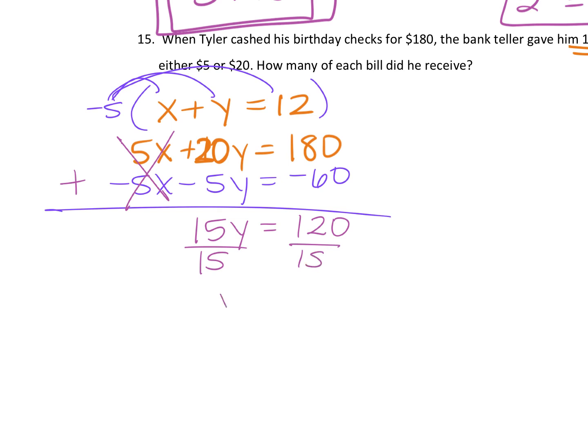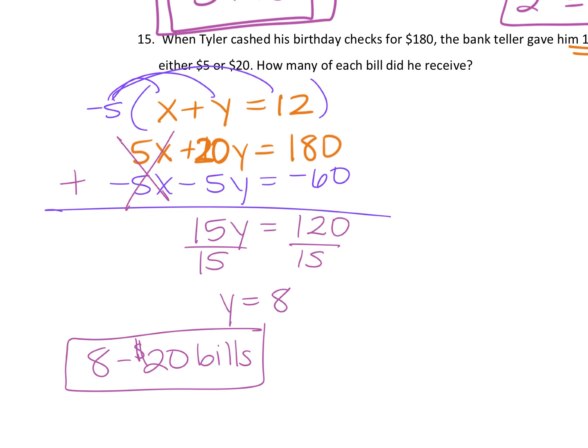And you get 8. What does that mean? 8 $20 bills. So you have 8 $20 bills. So how many $5 bills? If you plug the 8 in here, x plus 8 equals 12. So x is 4. So that means we have 4 $5 bills.